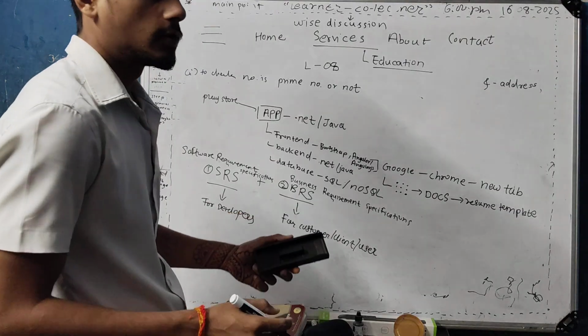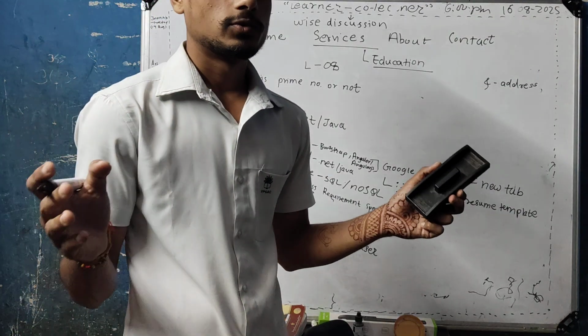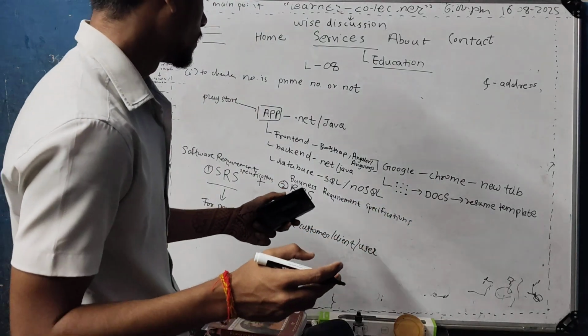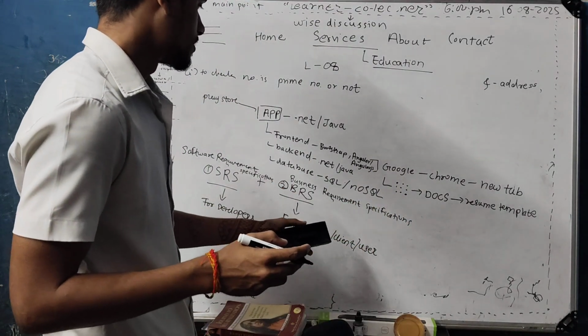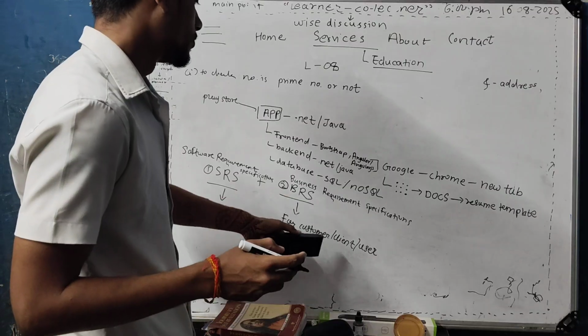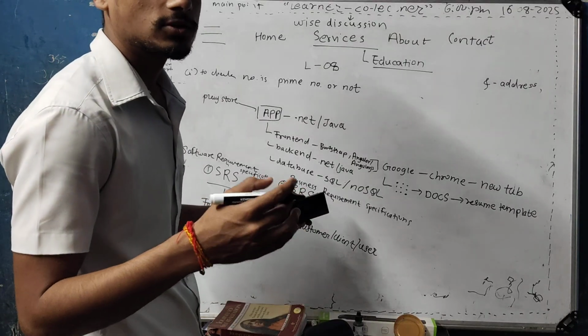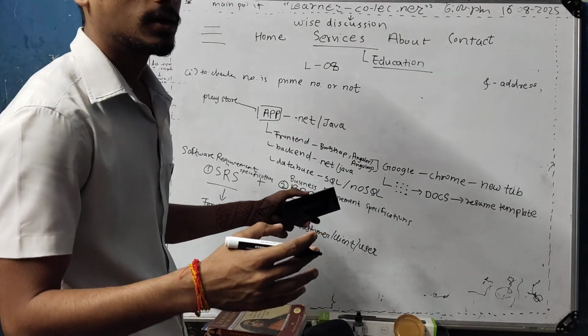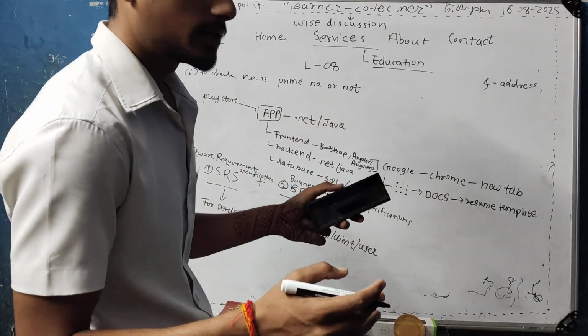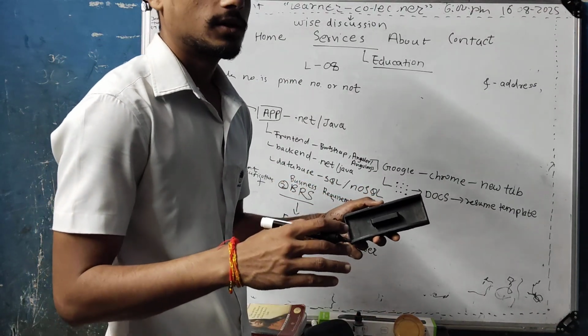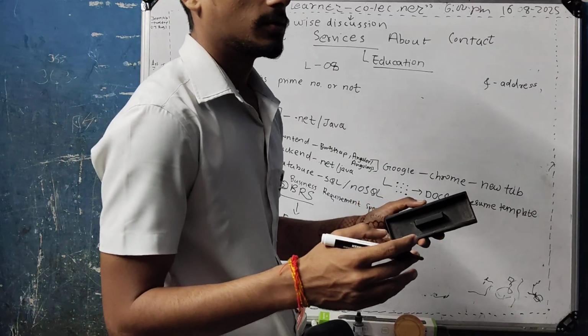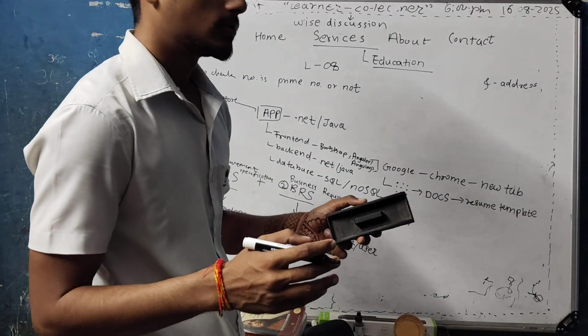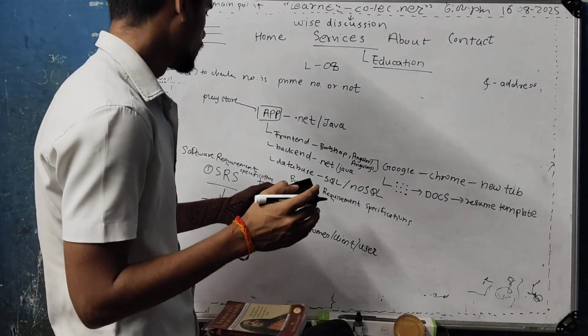We have to widen our business, we have to grow our business. For that purpose, customer, client, user requirements are there. What do they require? From that, how the software should be built and the marketing strategy related to the software will be decided.